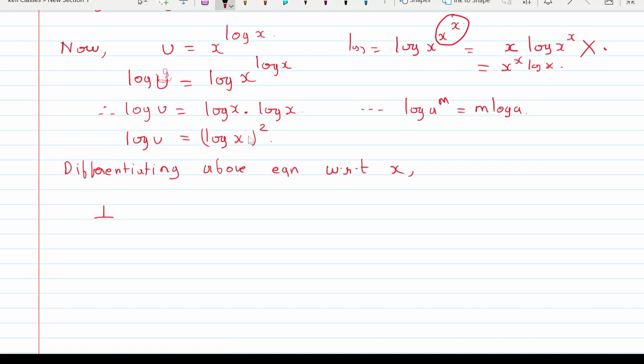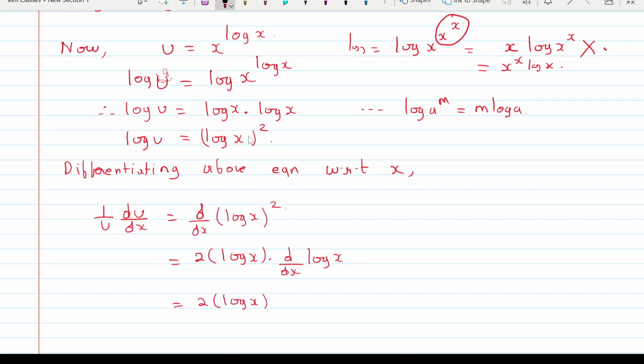We'll get 1 upon u du by dx is equal to d by dx of log x the whole square, which is equal to 2 log x into d by dx of log x, which is 2 log x into 1 by x.